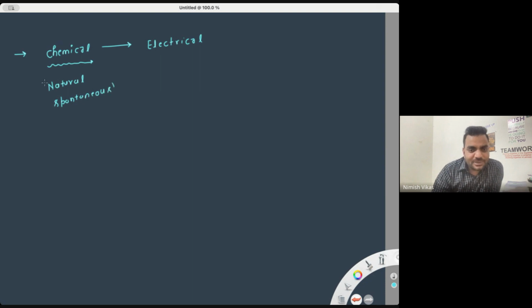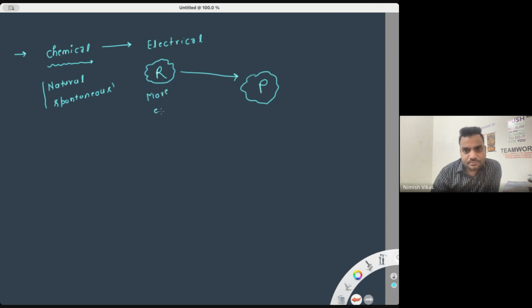So one spontaneous process will happen. A chemical will convert from one form to another form. Let's say this was previously present, this is a reactant, and this will convert to a product. This reactant is more energetic, and this is less energetic. In this process, energy loss will happen, and that will be converted into electrical energy.